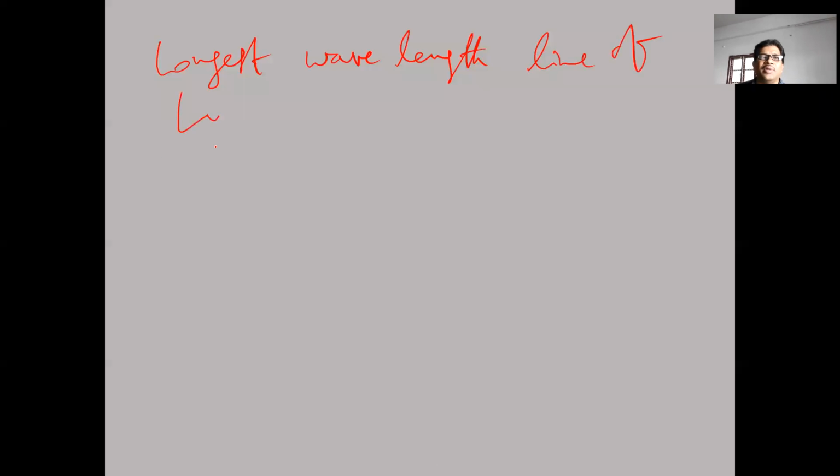Next, suppose they have given like this: longest wavelength line of Lyman series. Lyman series they mentioned in the problem. Now Lyman series means we have to take n1 value, n1 is equal to 1.